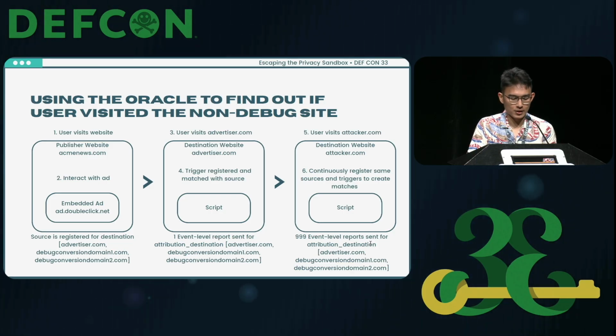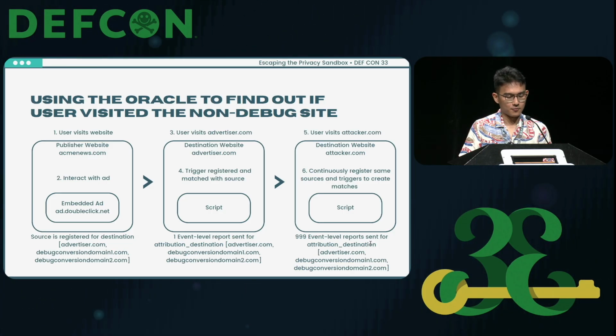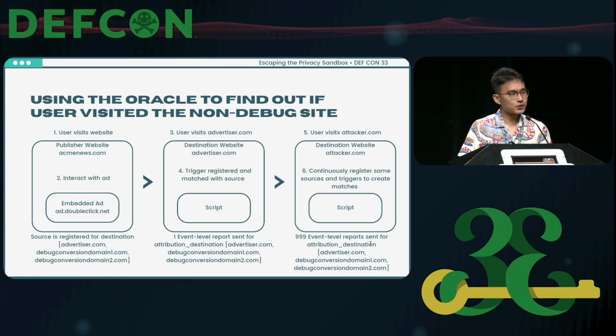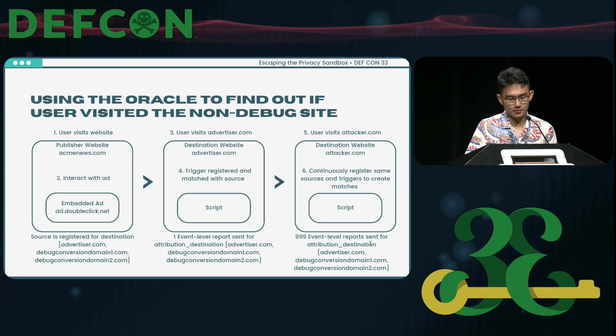So for example, they visit a publisher website and they viewed an ad, and now we know again, DoubleClick injects these two additional domains on top of the intended destination domain. And if the user did visit that destination domain and perform a conversion event, then one event-level report will be sent.